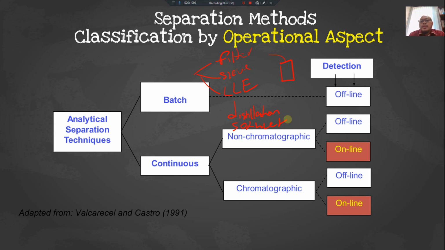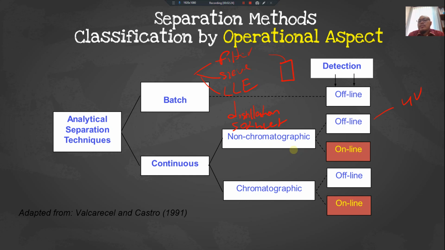For example, non-chromatography offline: without the automation, you need to separately submit, for example, for UV-based analysis. For online, you can automate the system at industrial scale after the distillation process.